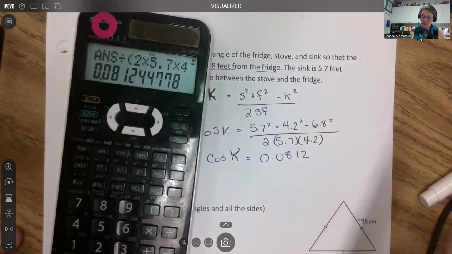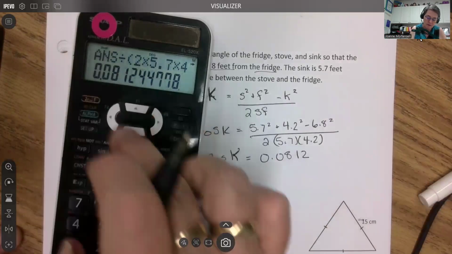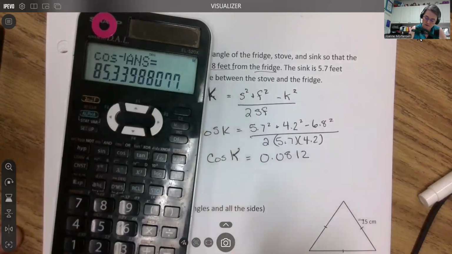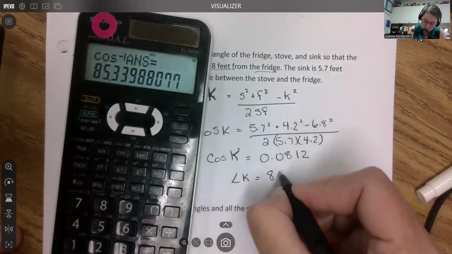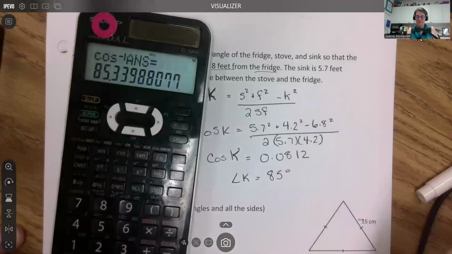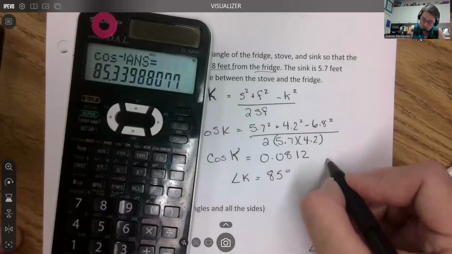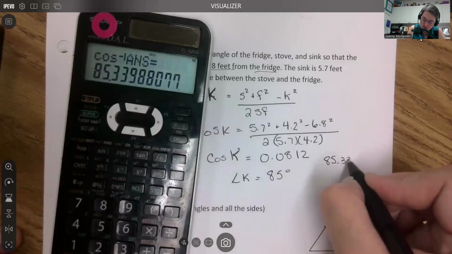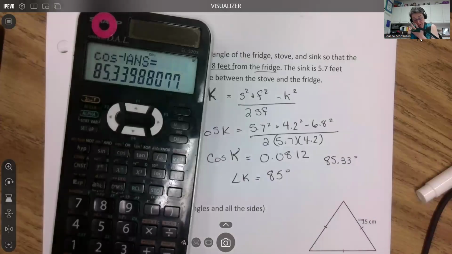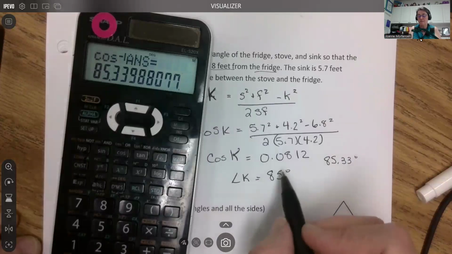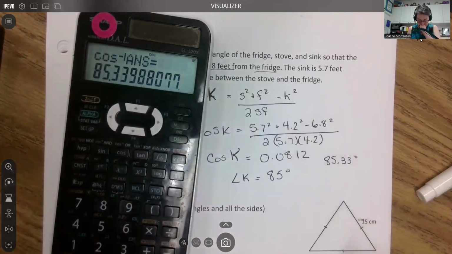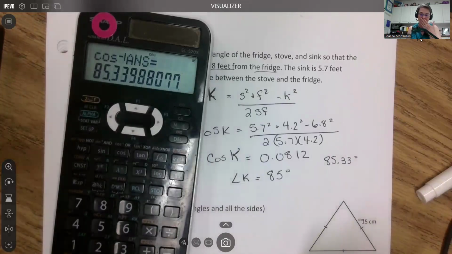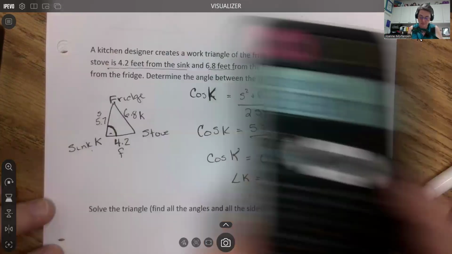It seems a little suspicious, but let's go second and cos. So angle K is equal to 85 degrees. That seems reasonable. I was a little worried that this started with 0.0. I thought maybe this was going to give me a really tiny angle, but cos doesn't work that way. So 85 degrees.